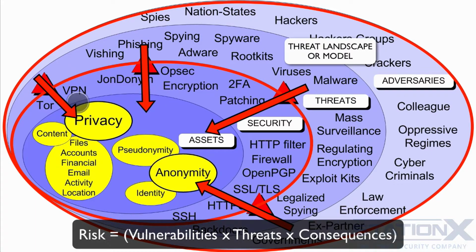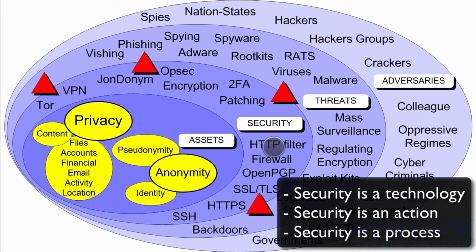And you might choose Tor because the consequences are high in terms of your identity. And once your identity is known, the consequences will be realized. So you must implement security controls to protect your assets, to ensure privacy and anonymity and pseudo-anonymity if you require it.